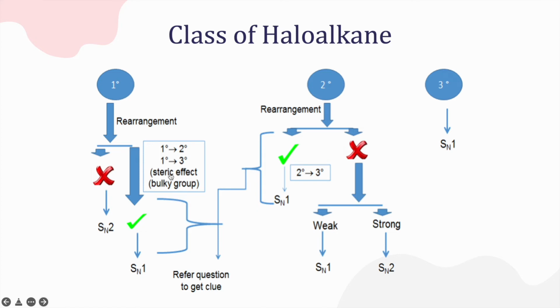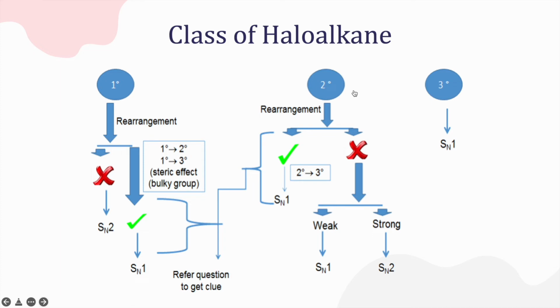It does not prefer the bulky group. So SN1 will happen if the primary haloalkane can undergo rearrangement to form secondary and tertiary. If primary cannot do a rearrangement, then the mechanism for primary haloalkane is SN2 mechanism. That's how you choose which mechanism will occur for that haloalkane.